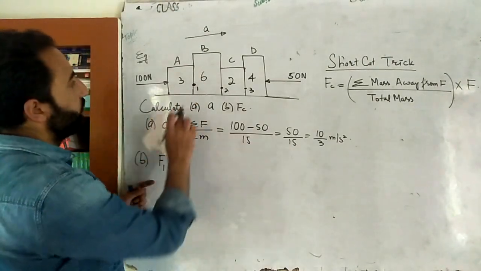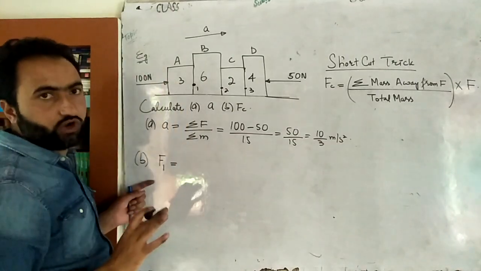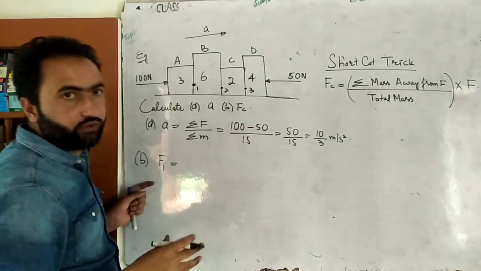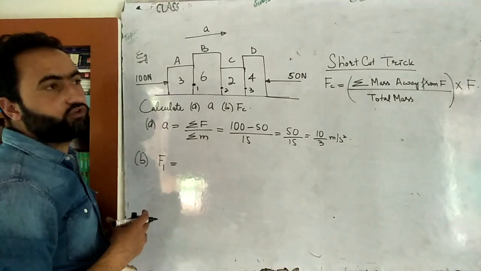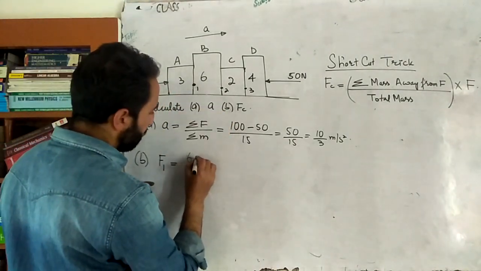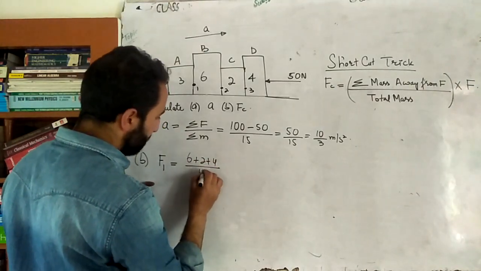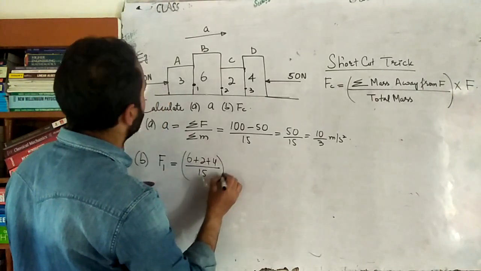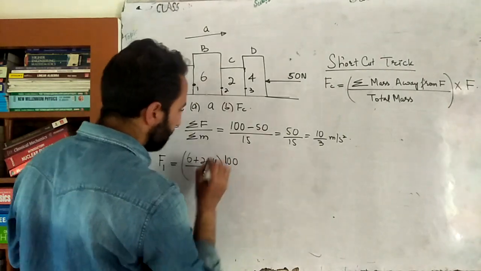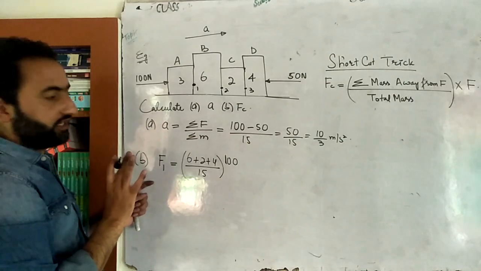So F1 will be equal to, with respect to 100 Newton, let's calculate the contact force. Then with respect to 50 Newton, and the summation of the two will be the net contact force. With respect to 100 Newton, the mass away is 6 plus 2 plus 4, divided by the net mass, that is 15, multiplied by the external force, that is 100. This is the force if there is only 100 Newton.